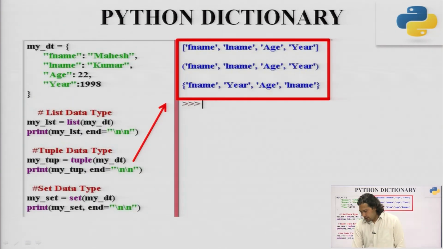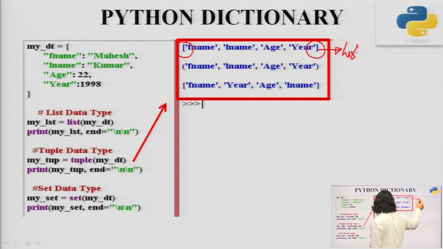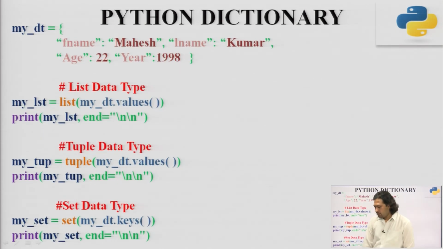So, here you can see that when we put the constructor, the my dt dictionary data type is converted into, you can see, square brackets, which is the representation of the list data type. Similarly, this round bracket is the identity of tuple data type, and for the last one you can see curly braces, but it is not separated by the colon, so it is taken as set data type.